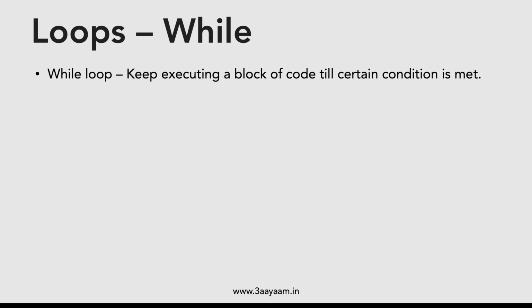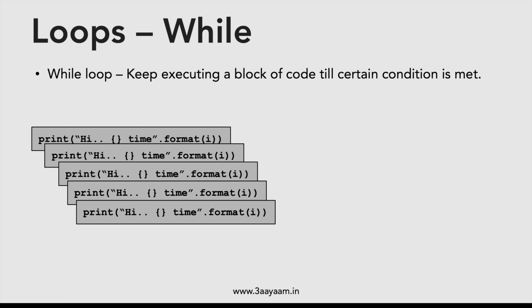The moment that condition does not meet, it will break away from that loop. So let's say this is again the same block of code that I want to execute, but how many times do I want to execute this? That depends on this particular condition, that execute this print statement till the time I is less than 10 or till I is equal to 9. And then we can keep on incrementing I also.